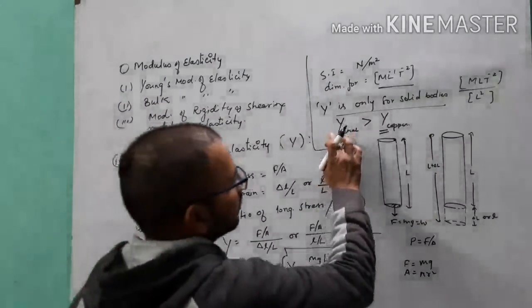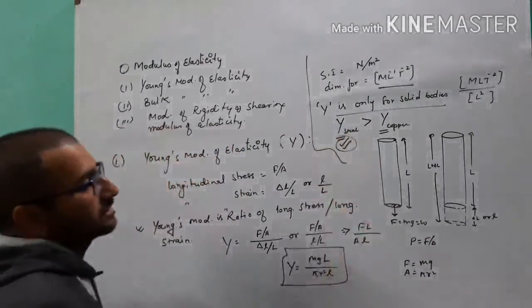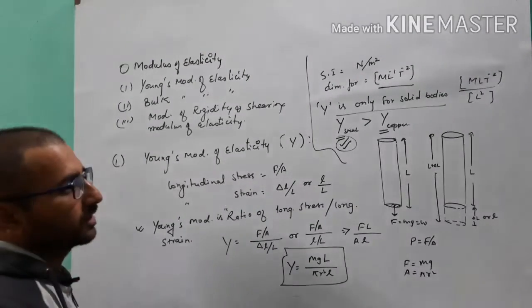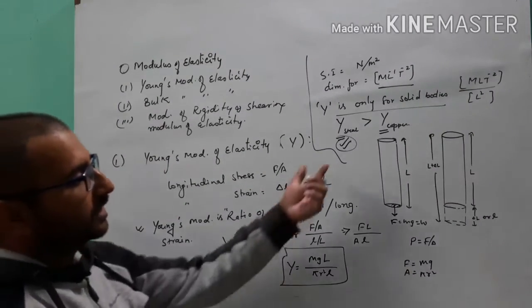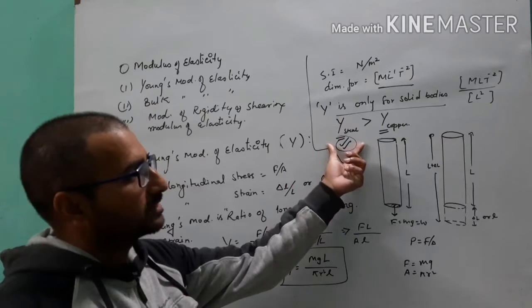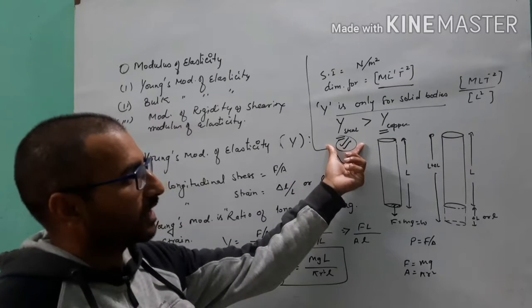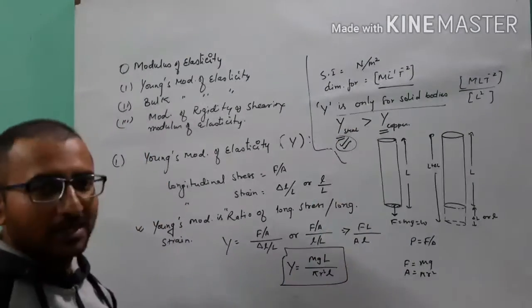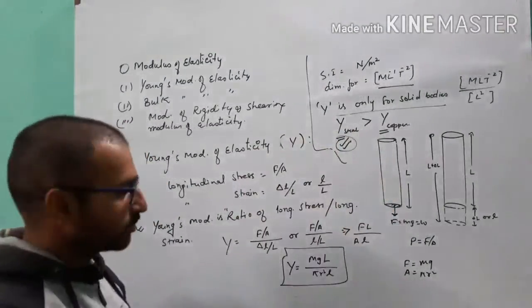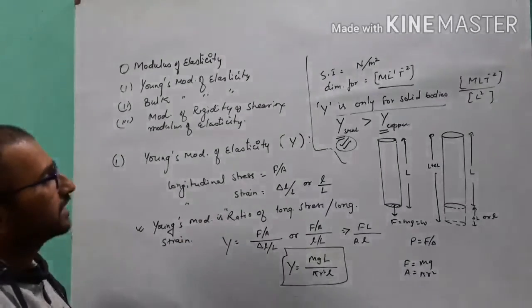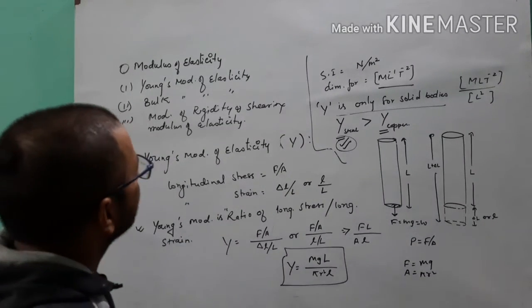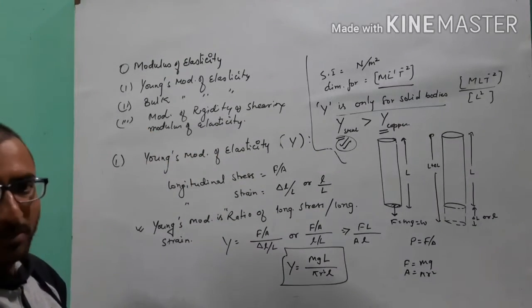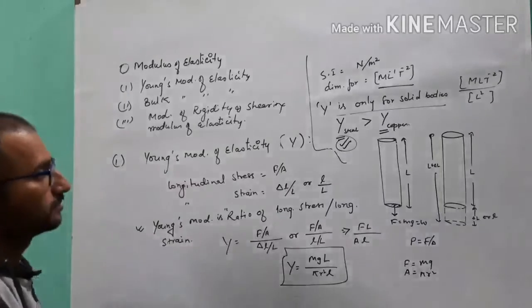A larger value of Y means greater elasticity of that body as compared to another. Point clear? So this one is the first heading, and after that we will talk about the bulk modulus of elasticity. For that, pause the video and note down.